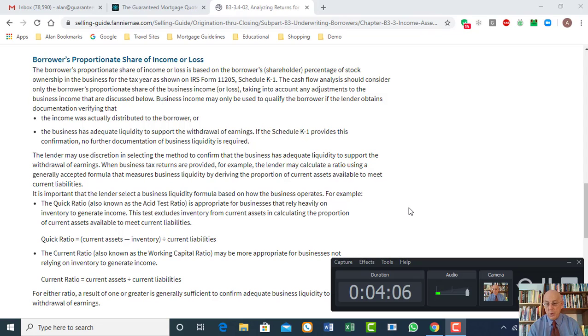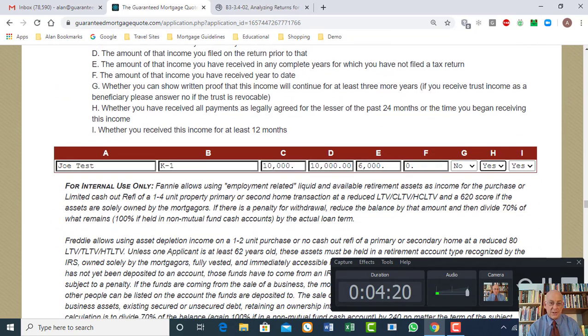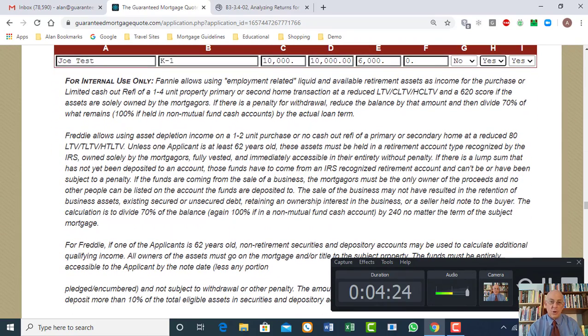And so if you were training your new MLOs on our complete 1003 training, and you came down to the other income section, and the borrower, Joe Test, had K1 income of 2 tax years ago, 10,000. The last tax year they filed 10,000.